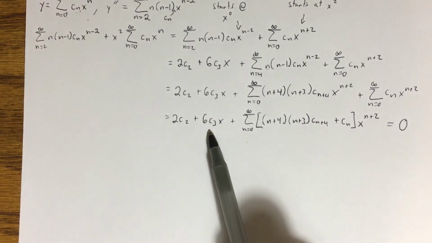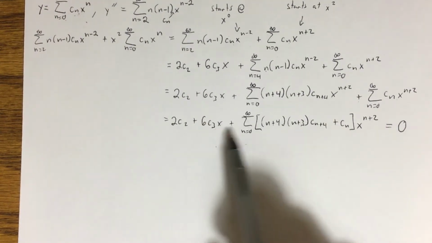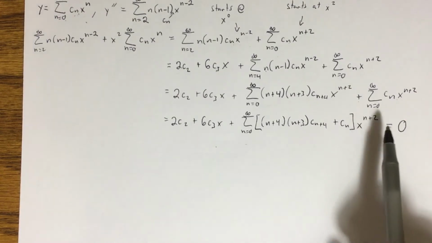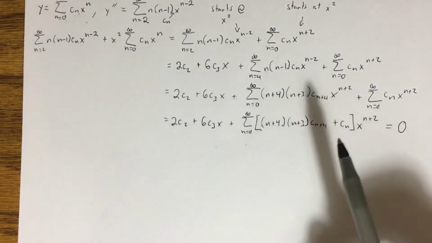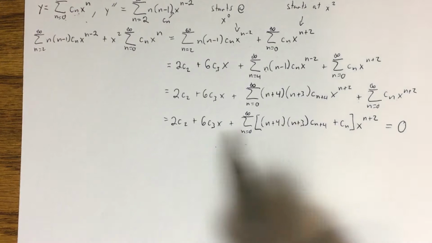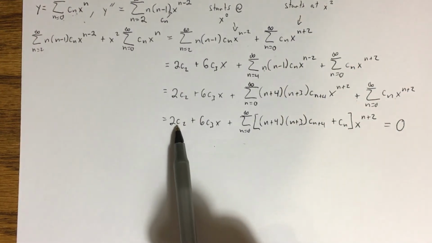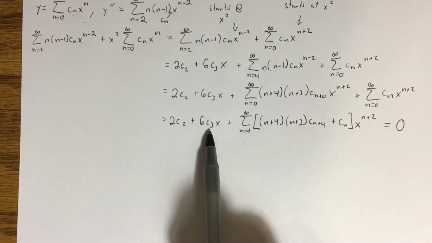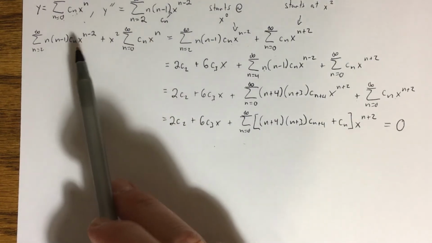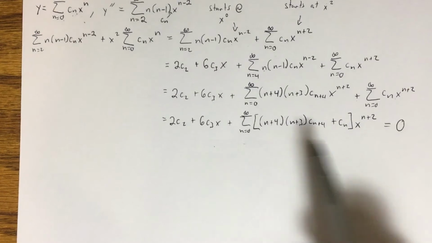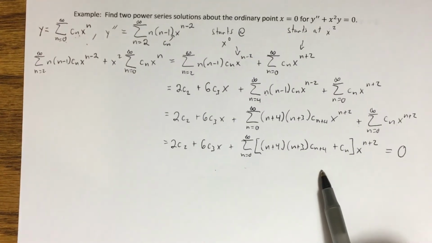And the identity property says that if this entire series is identically equal to 0, then all of the coefficients need to equal 0. Notice here that's going to automatically imply that both C2 and C3 are equal to 0. We've lost C0 and C1 in this process. Okay, so C1 and C0, or C0 and C1, those are gone.